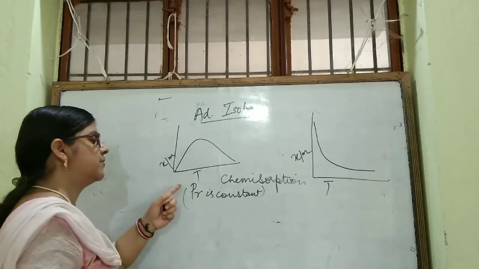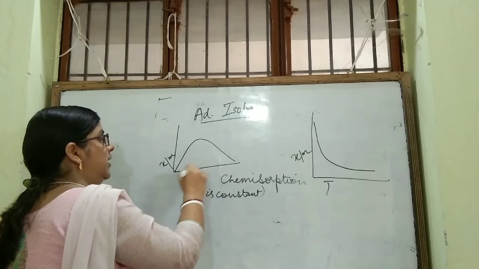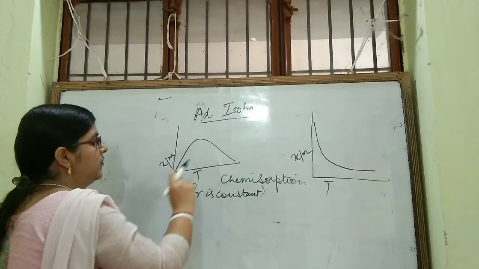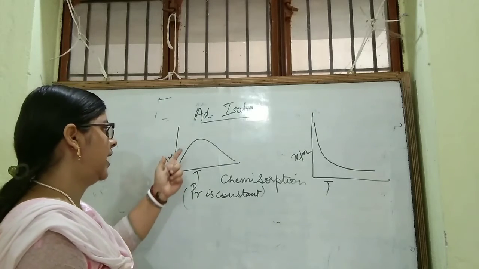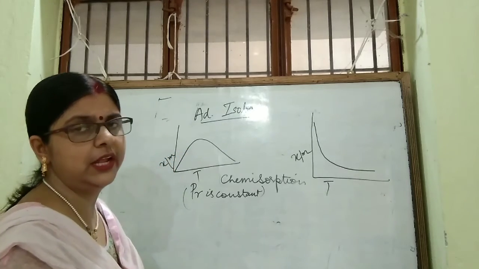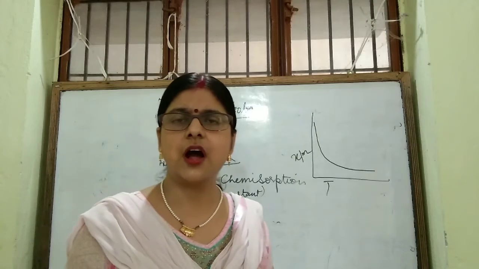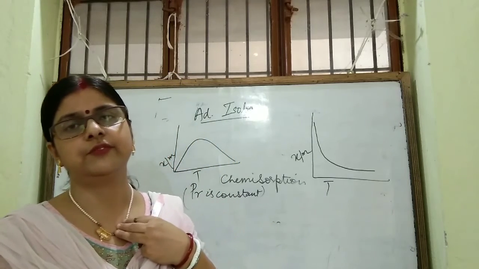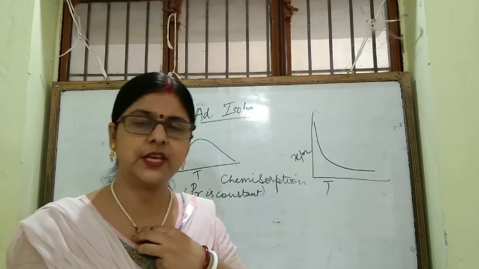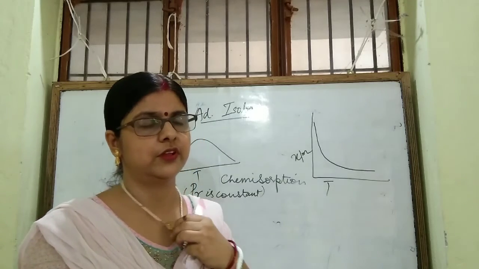For chemisorption, you see, in the beginning it increases with the rise in temperature, and when activation energy is reached and the reaction starts, the rate of adsorption starts decreasing with increasing temperature.